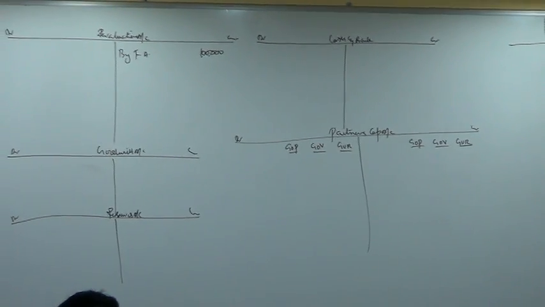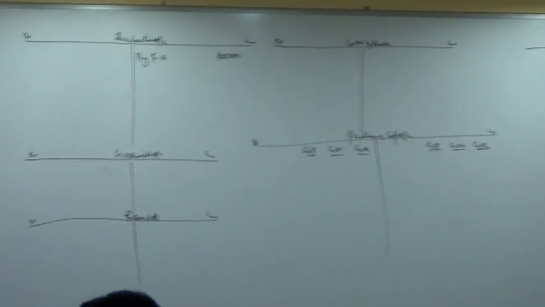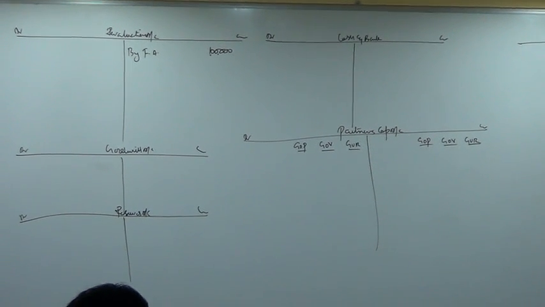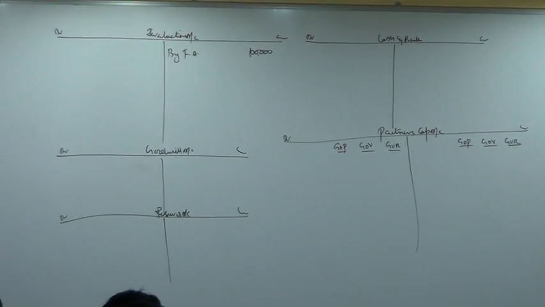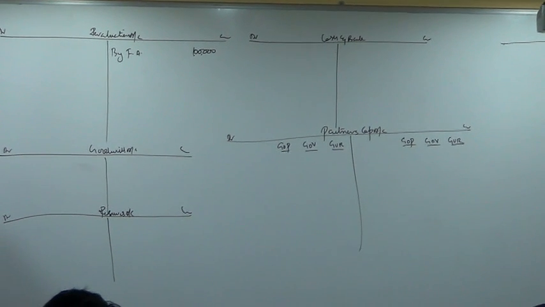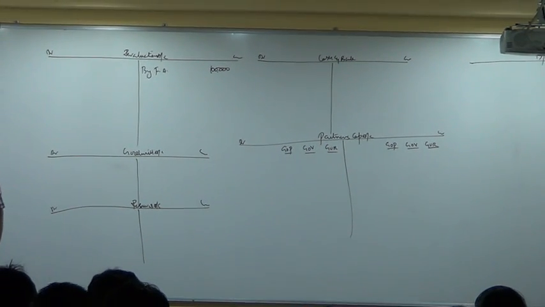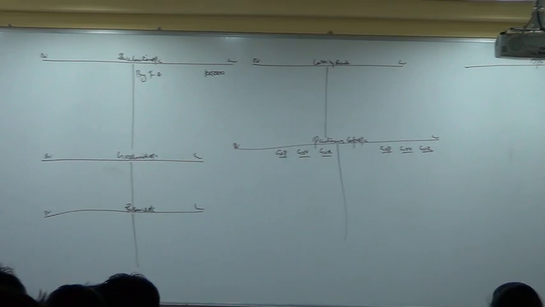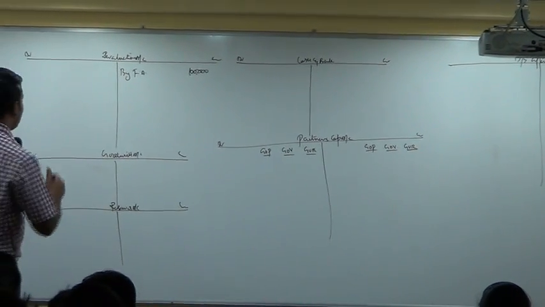Next, investments 50,000. If you see the revalued amount, we are saying investments value nil. That means book value is 50,000. We are saying investments are not worth anything. That means entire amount is a loss. What is the entry, right?